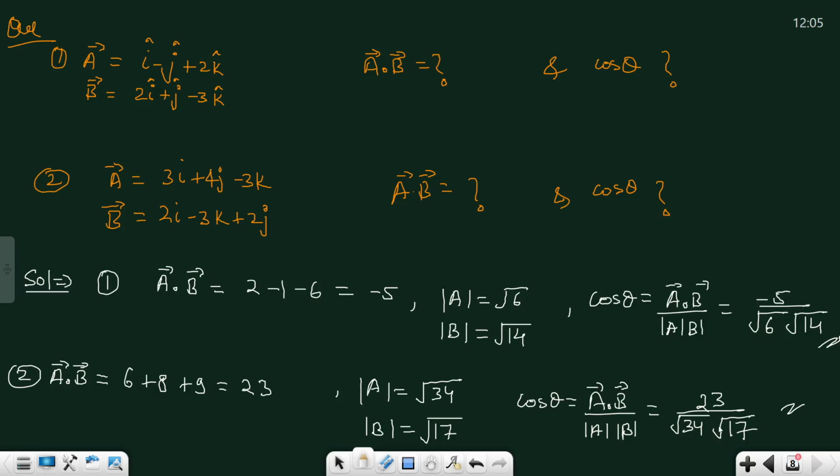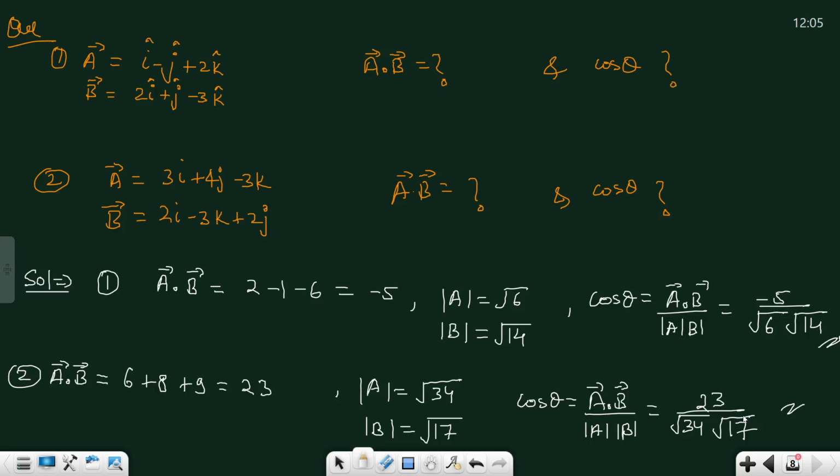You can leave this answer here, but if you are not getting this expression in the options, you can go for simplification. Clear?